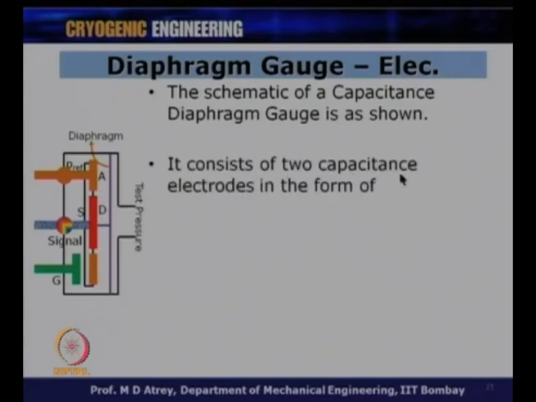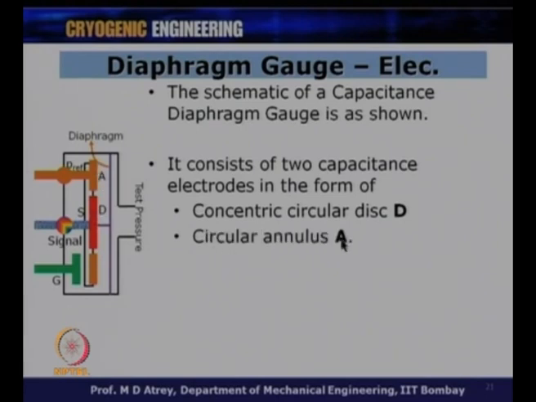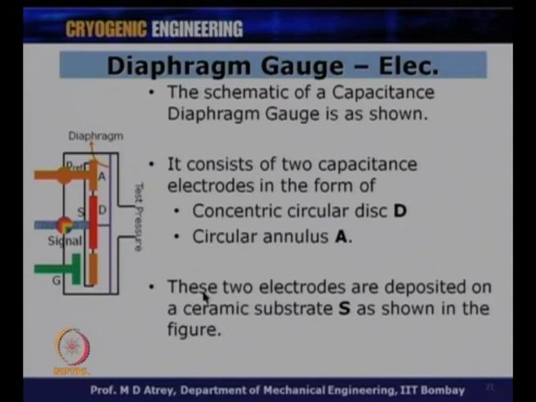It consists of two capacitance electrodes in the form of a concentric circular disc D, which is what you see, and a circular annulus A. So, you have two electrodes, disc D and annulus A. These two electrodes are deposited on a ceramic substrate S, and you can see the ceramic on which these two capacitance electrodes are placed.